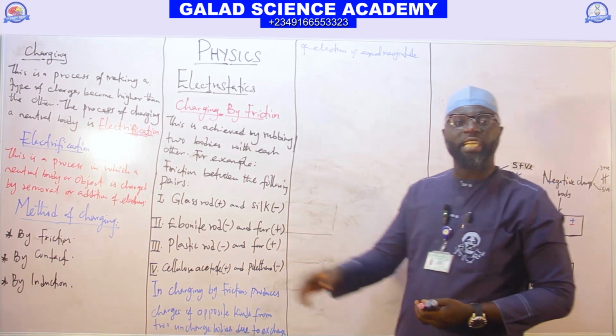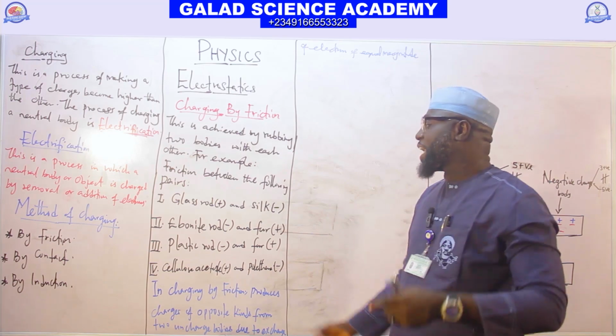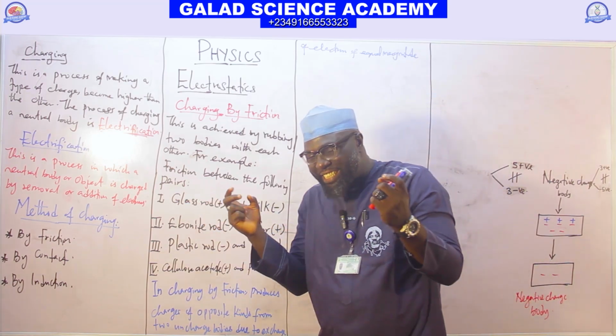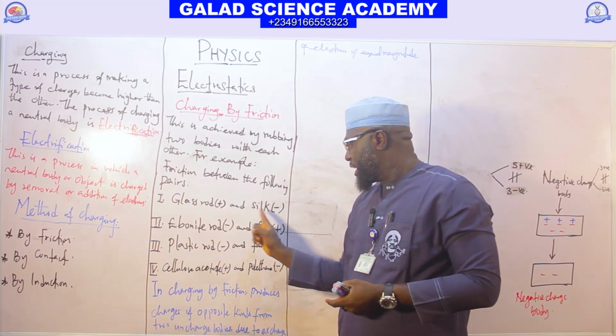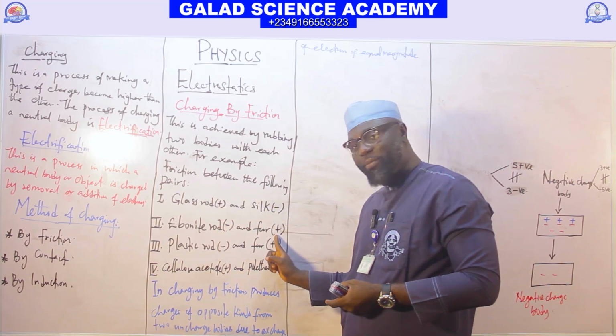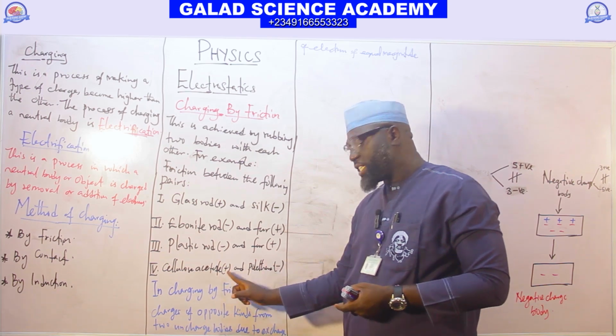See, in charging by friction, after charging, charges of opposite kind are produced. You have positive here, negative here, positive, negative.